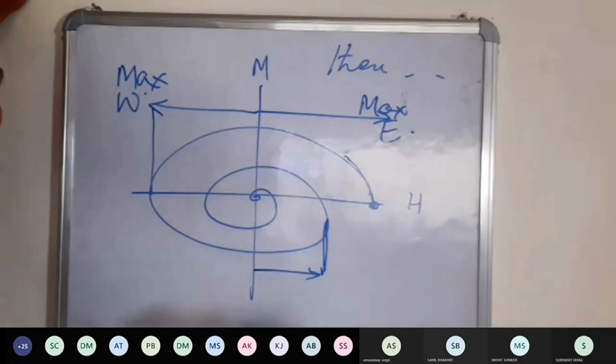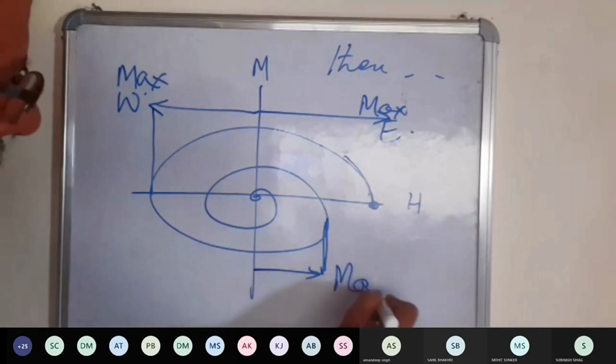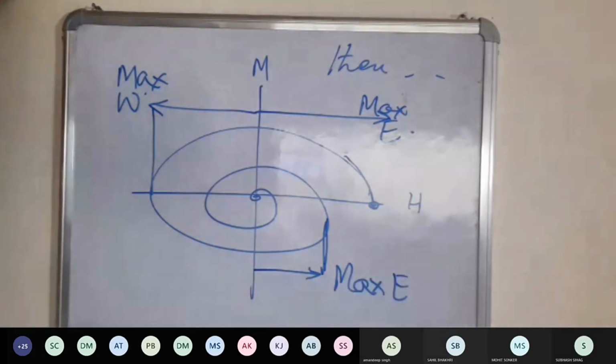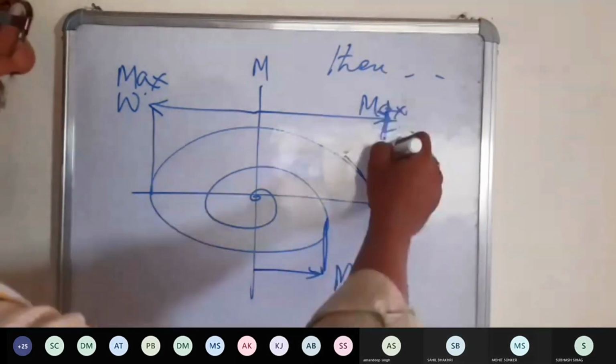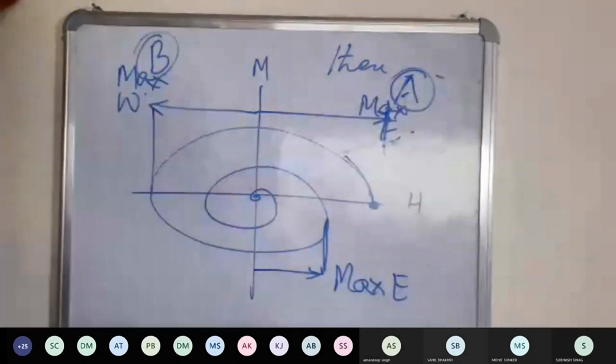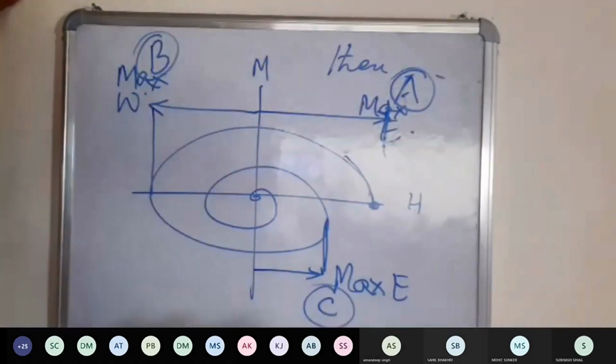The next one is maximum east again. So this reading is A, this one is B, and this one is C. Let us give it a value.